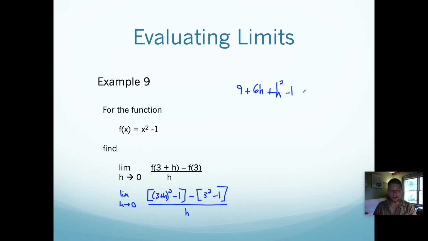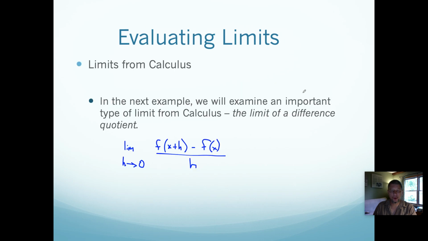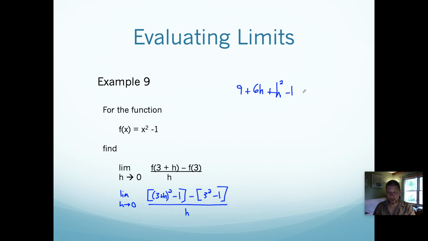And then on the other side, 3 squared is 9, but notice the negative sign here, so it's going to be minus 9, and then minus 1. But again, there's a negative sign, so that becomes a positive 1. Again, all over h. I forgot the limit notation, but it's the limit as h approaches 0.